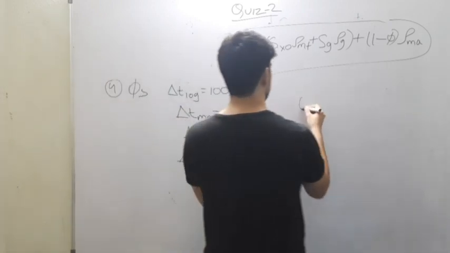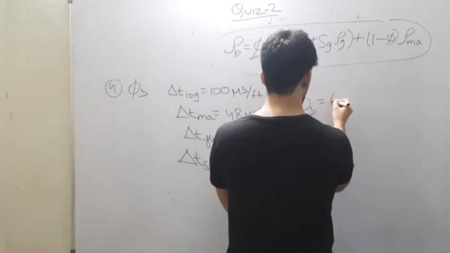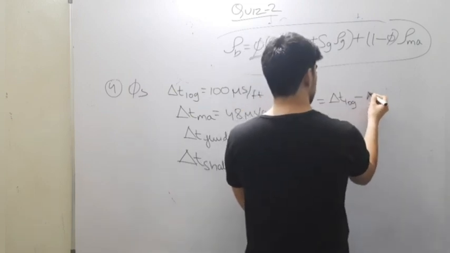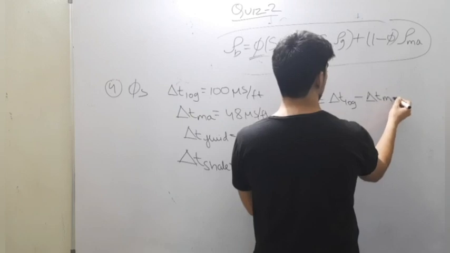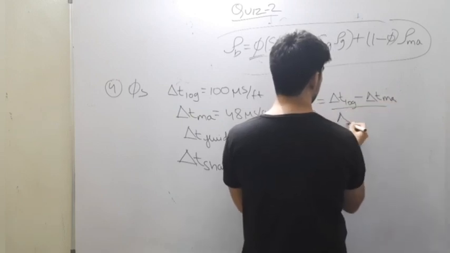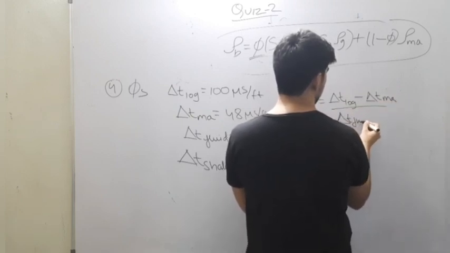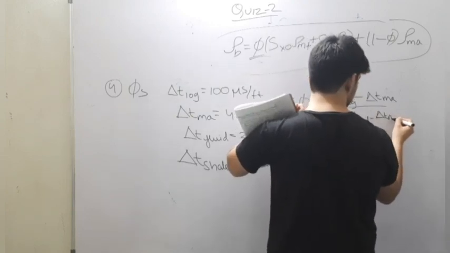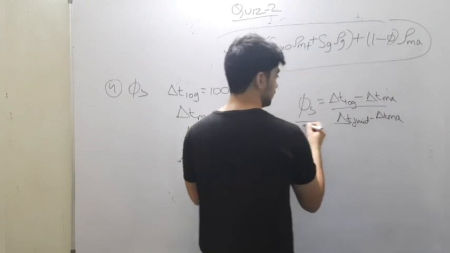So simple sonic porosity can be calculated by delta T log minus delta T of matrix divided by delta T of fluid minus delta T of matrix. So this is for the simple calculation.